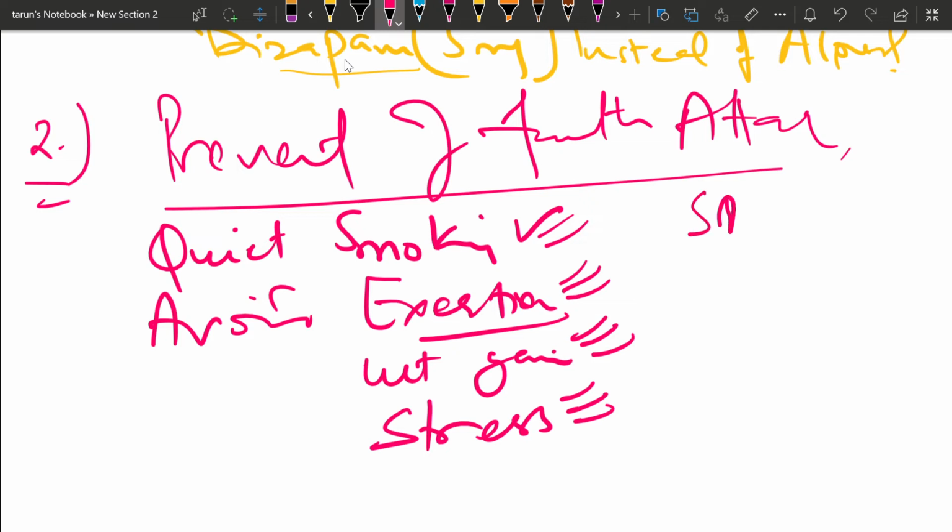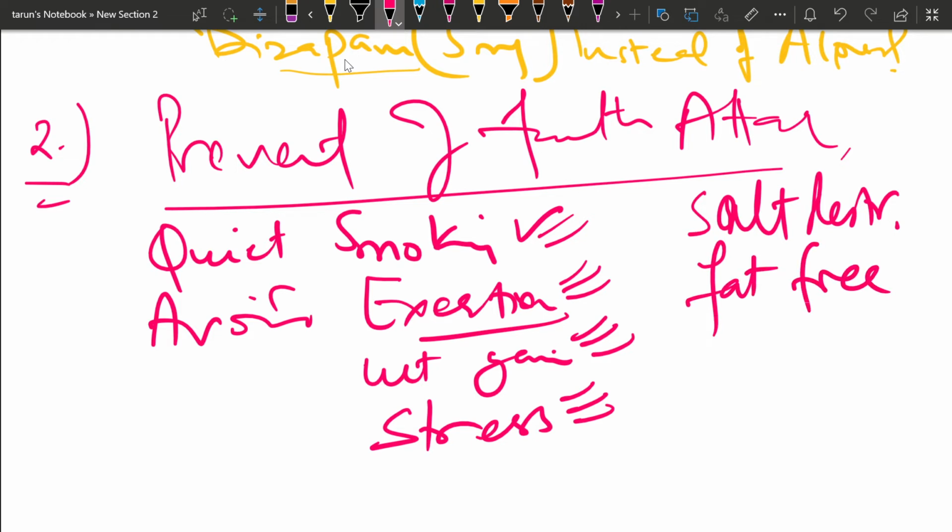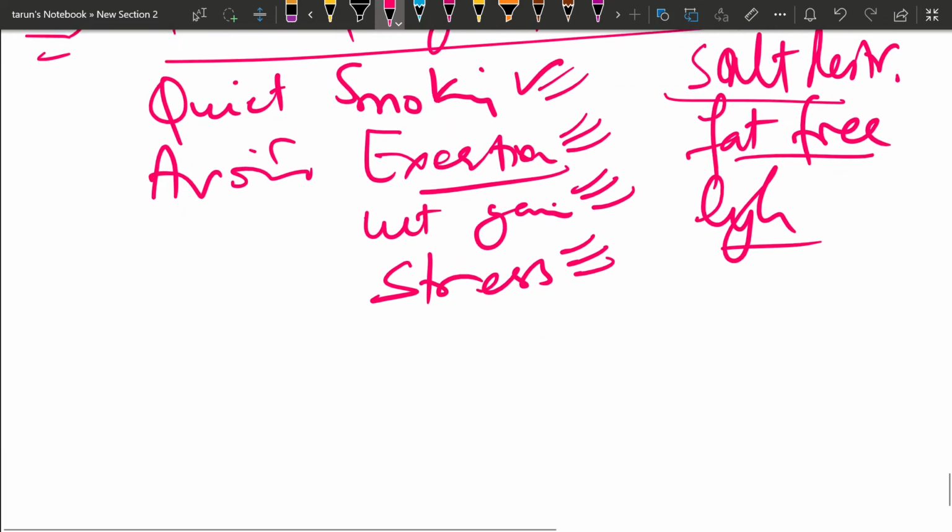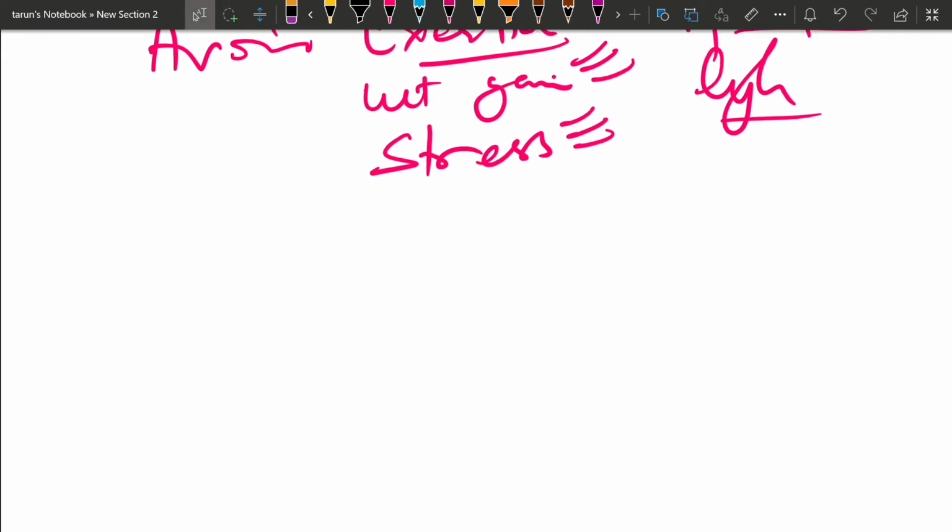You will also advise salt restriction, a fat free diet, and a light diet.